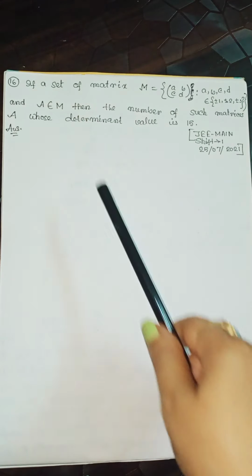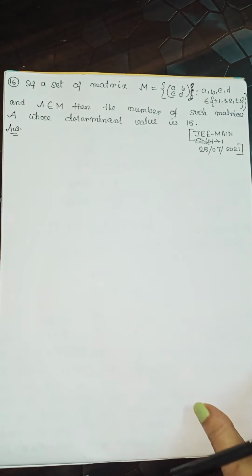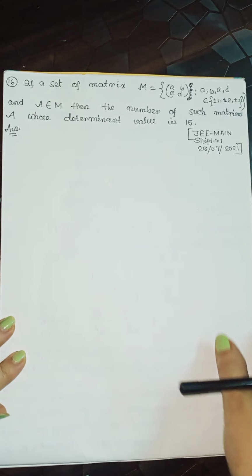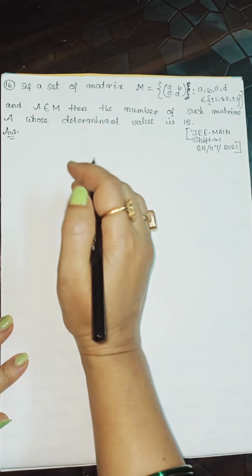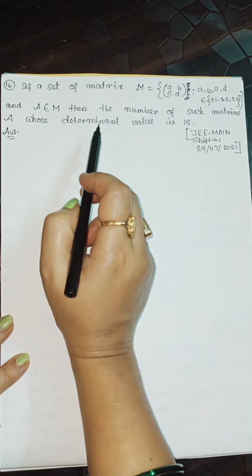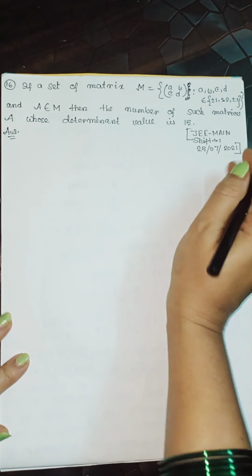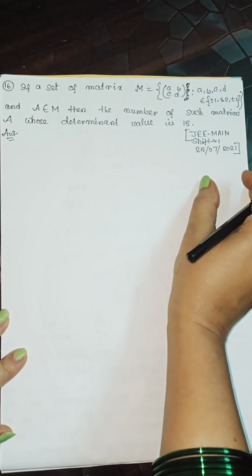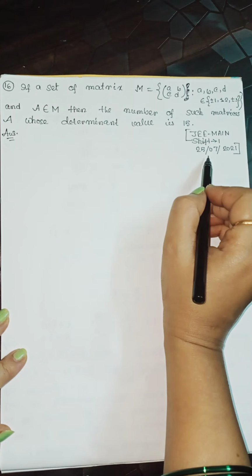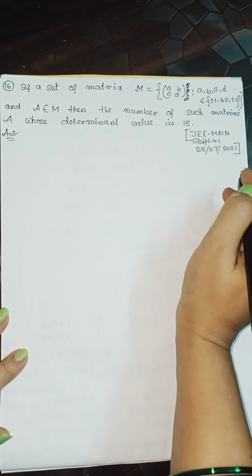So we should calculate how many matrices are formed here. This is a question on matrices, and it's also a memory based question, from shift 1, 25th of July 2021 JEE Main.